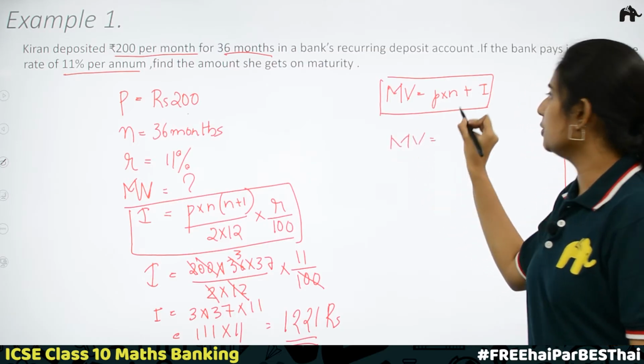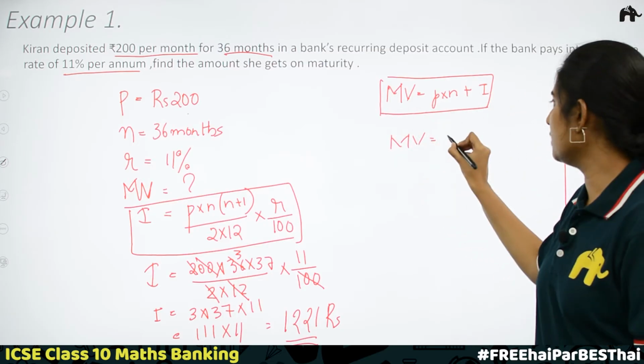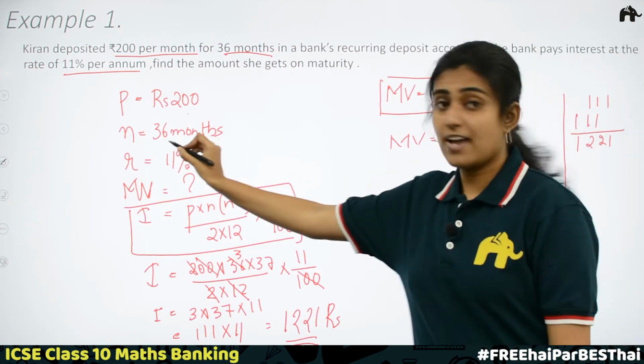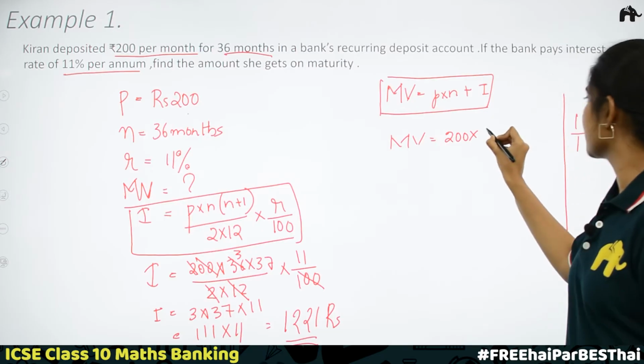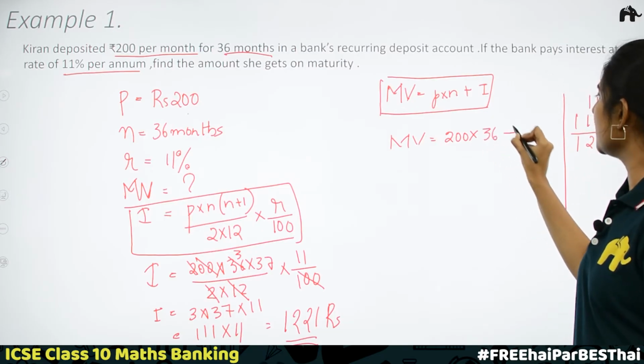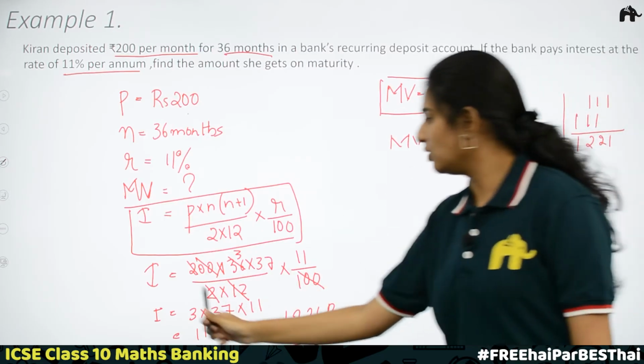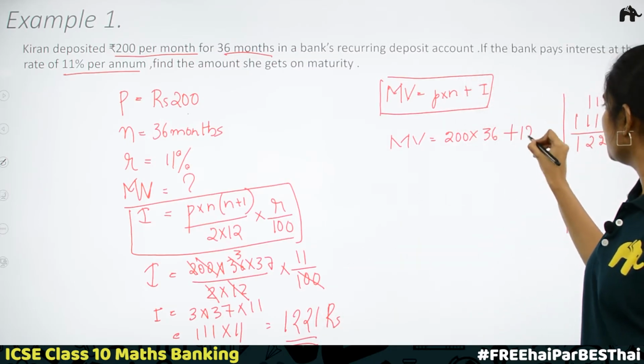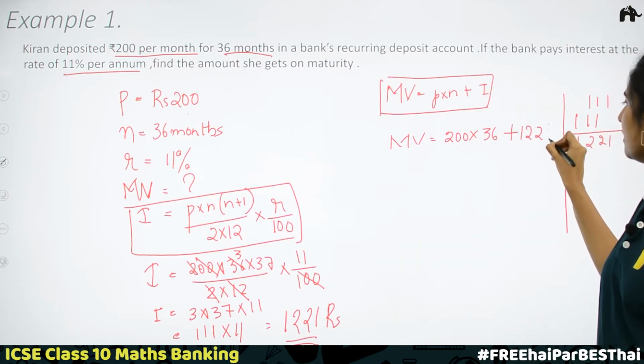MV is equal to P into N. P is 200. 200 into N value we know, that is 36, plus interest. Interest we calculated. Interest is equal to rupees 1221.